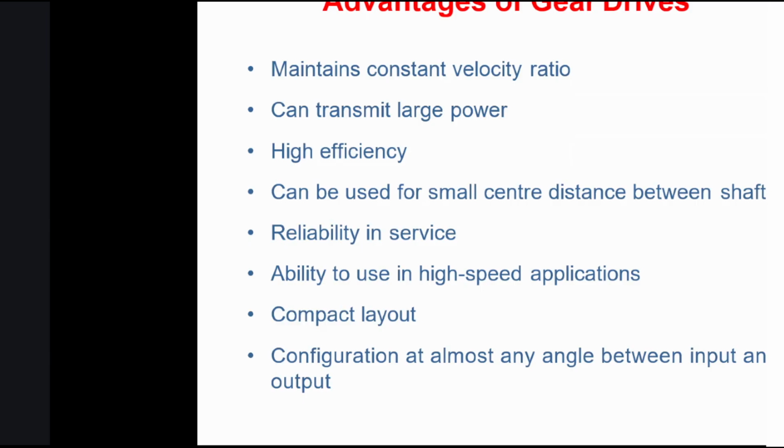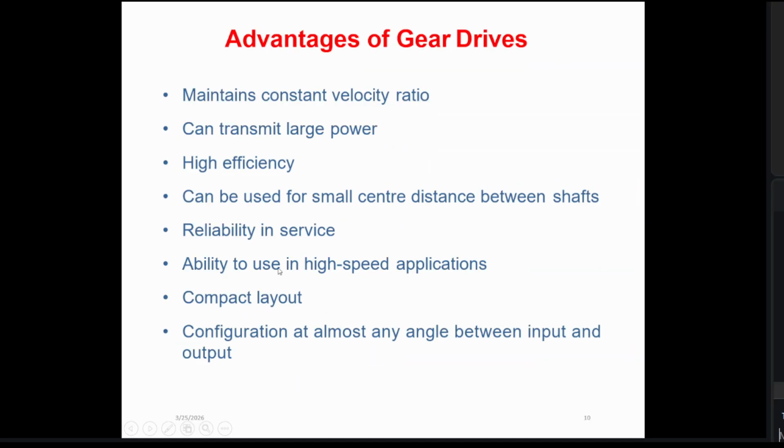Ability to use in high speed applications, that is also true. Now you can compare with the belts. What happens when we increase the speed in belt drives? So what happens? You know that due to the inbuilt mass in the belt section, there may be some centrifugal forces acting on the belt.